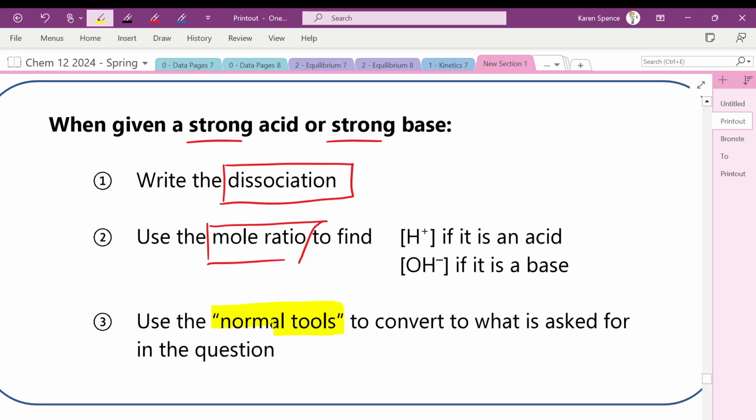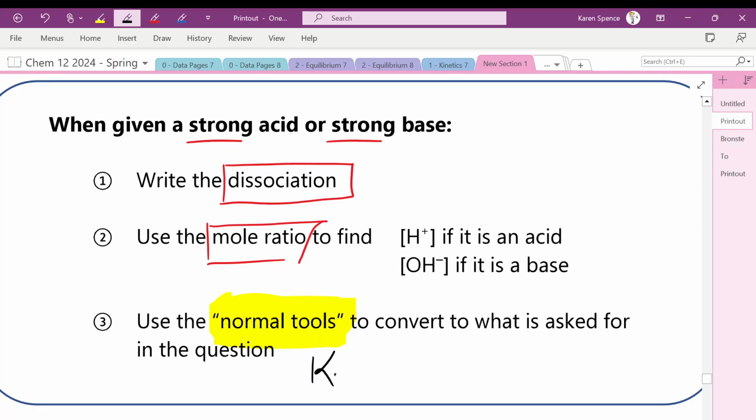Tell your partner what you think the normal tools might be. They're the ones we learned in the last few days. What's one of our normal tools?